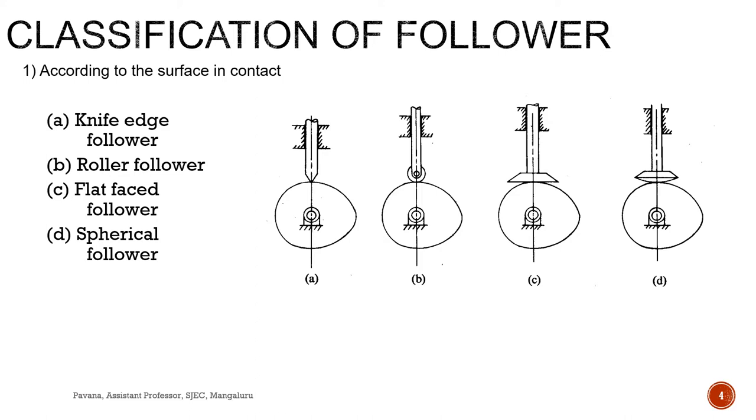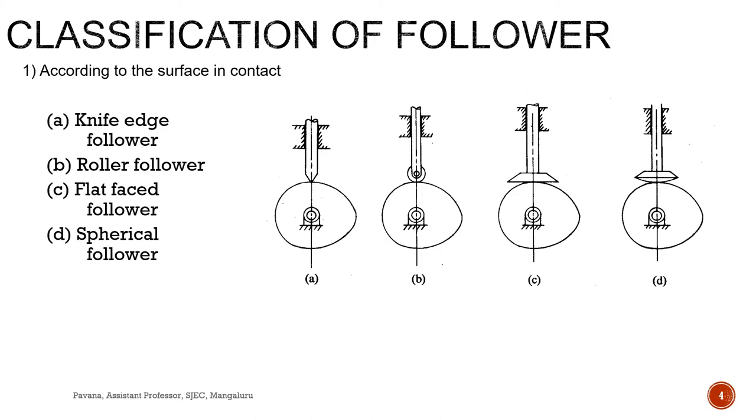Second one, the roller follower. You can see the B diagram. When the contacting end of the follower is a roller, at the end you can see the roller, that's why it is called a roller follower. Wear rate is greatly reduced because of the rolling motion between the contact surfaces.